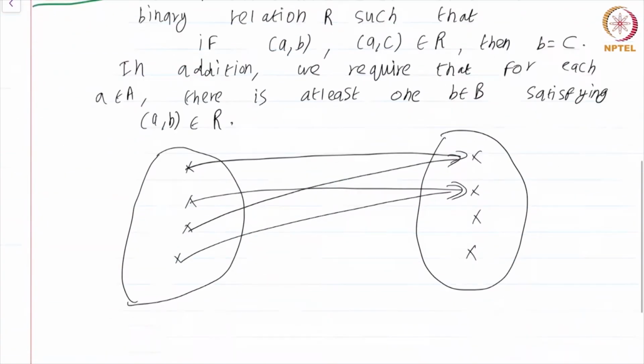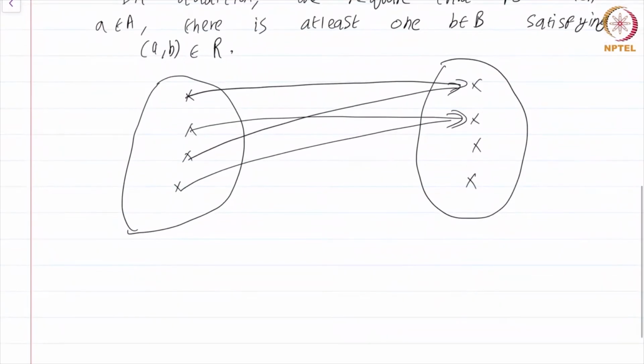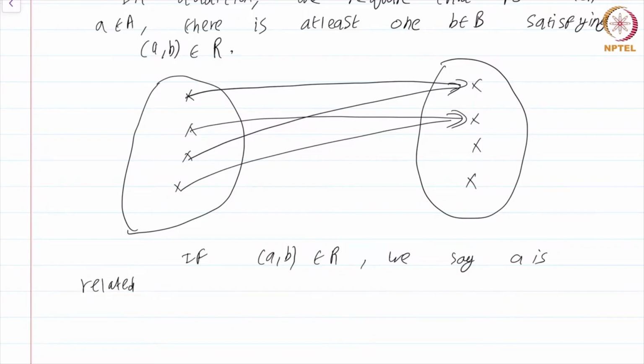Okay. So, implicit in my discussion above was this talk about an element being related to another element. So, what this means is if (a, b) is in the relation R, we say a is related to b, and write aRb instead.